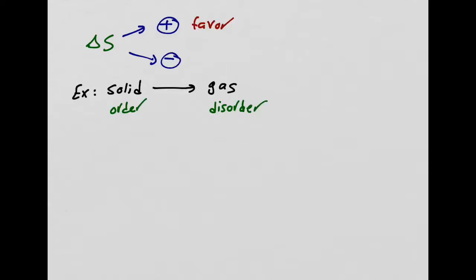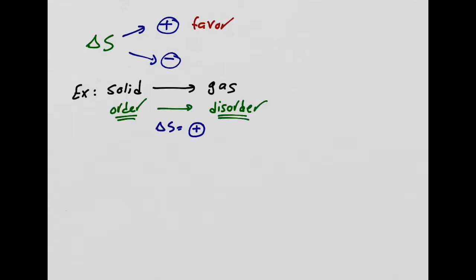There's some disorderness to it because gas molecules are randomly moving around or far away from each other. So going from solid to gas, I'm going from order to disorder. So what do you think the delta S would be? Would it be positive or negative? The delta S would be positive.